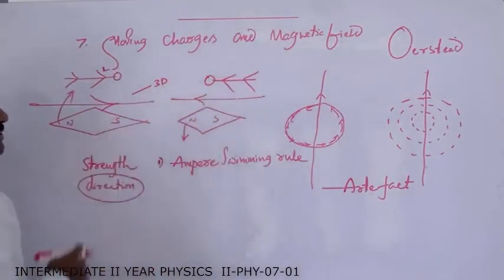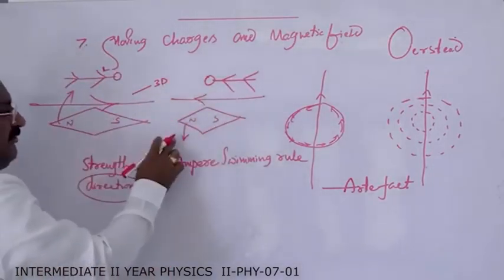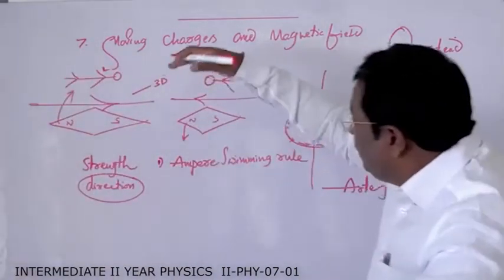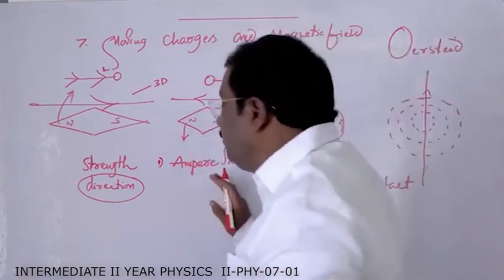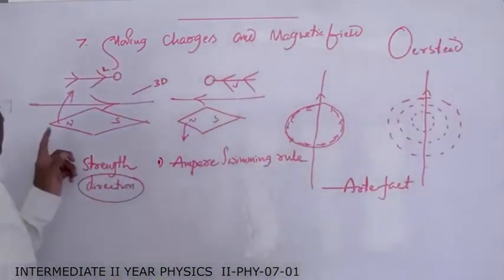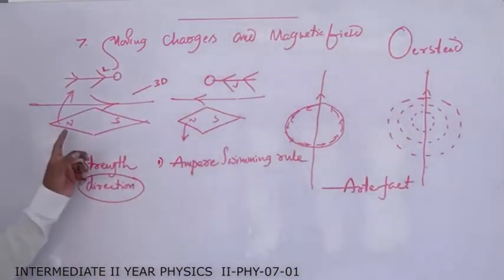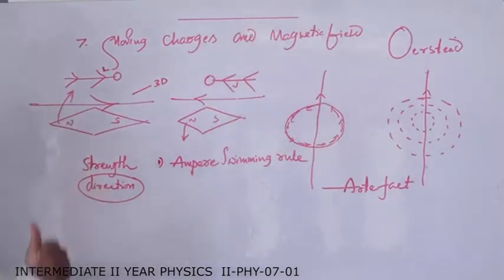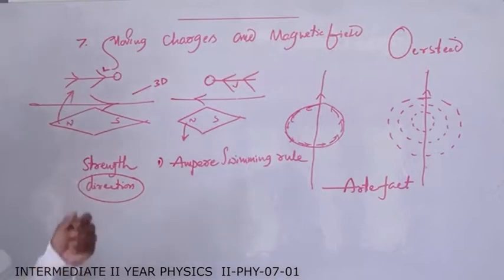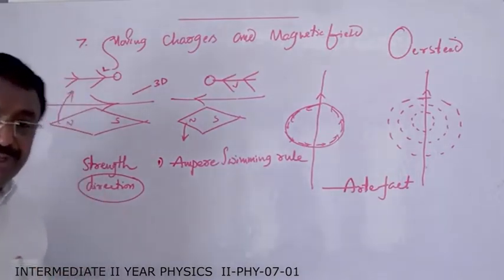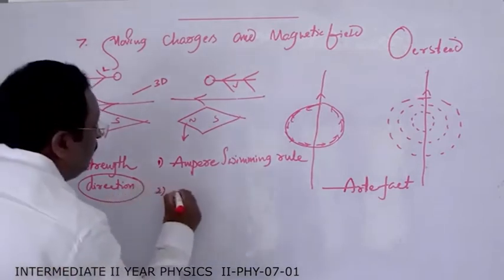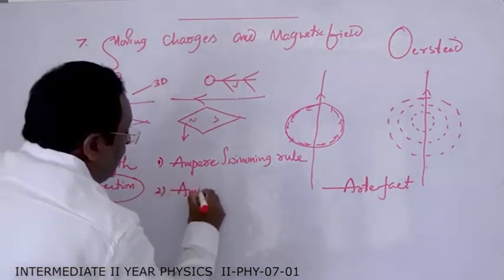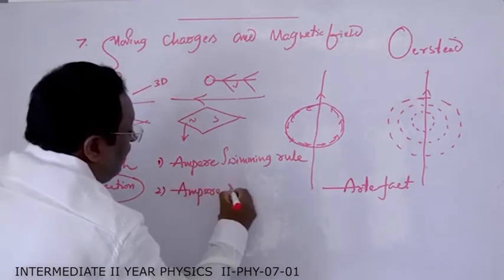So by using Ampere's swimming rule, we can identify the direction of deflection of the magnetic needle. To know the direction of the magnetic field, we have another rule, the very famous Ampere's right hand thumb rule.